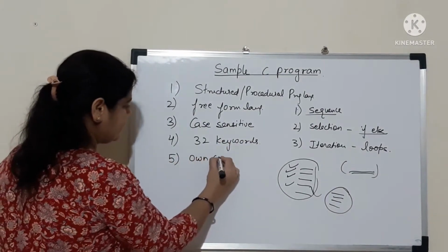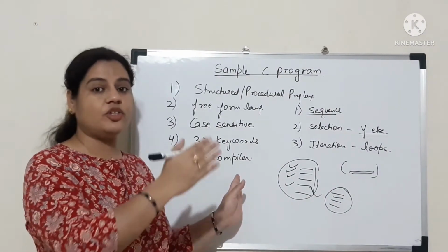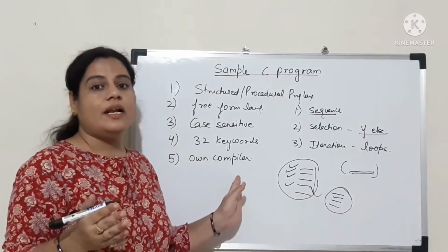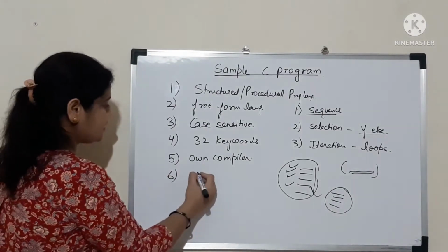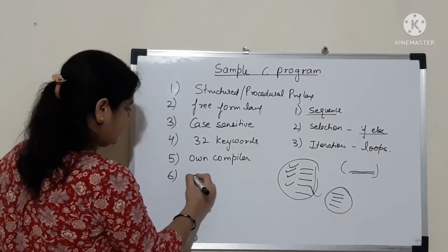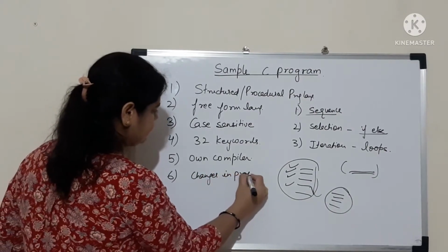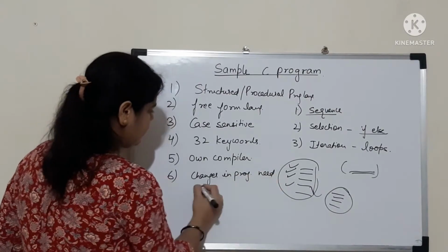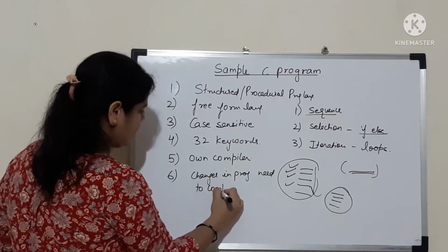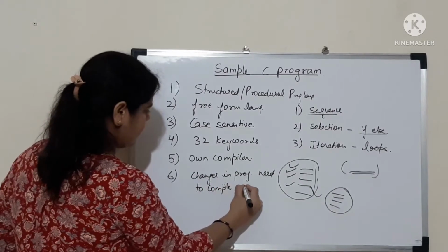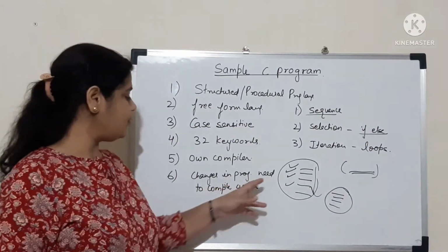Fifth is its own compiler. C provides you its own compiler to compile the program, or to convert your high level program into the language which is close to the hardware. Sixth is changes in the program need to be compiled again.